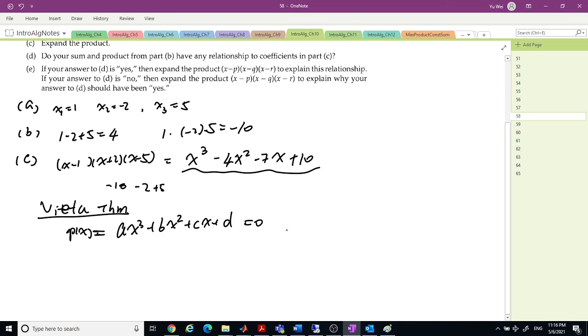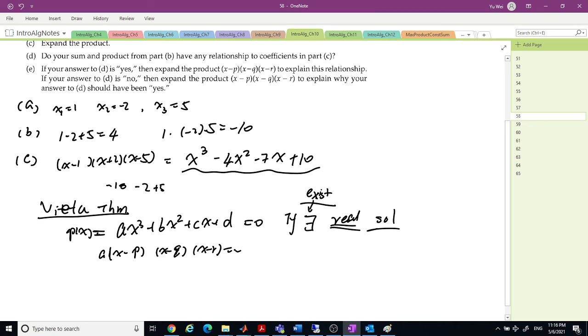If this cubic has solutions, so far we learn real, basically it also works for the complex, let's talk about that later. Basically we can write this as a(x minus p)(x minus q)(x minus r) equals 0, right? So p, q, r are the roots.